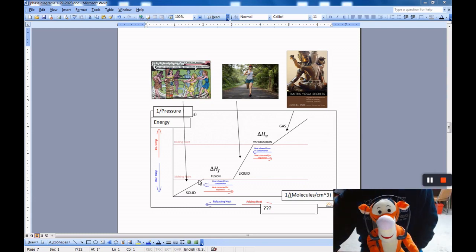So we have high pressure, high molecules, and we're saying that we have to increase the 1 over, which means smaller and smaller molecules per cubic centimeter, until you get to this point, which would then allow the 1 over the pressure to get higher, which then really means pressure is getting lower.